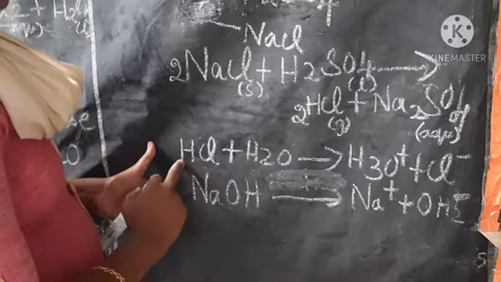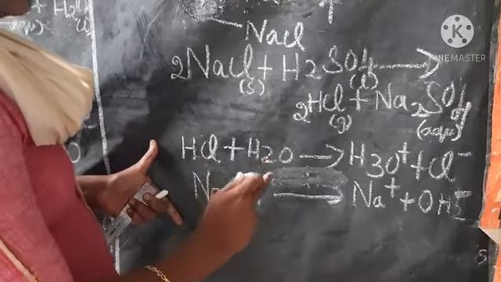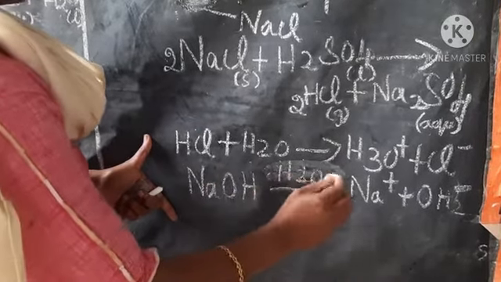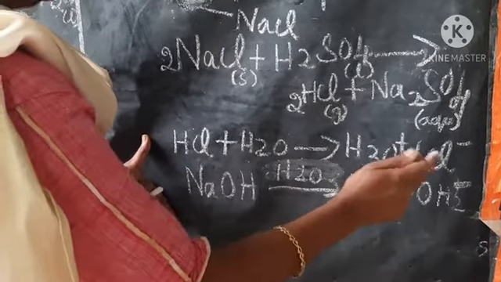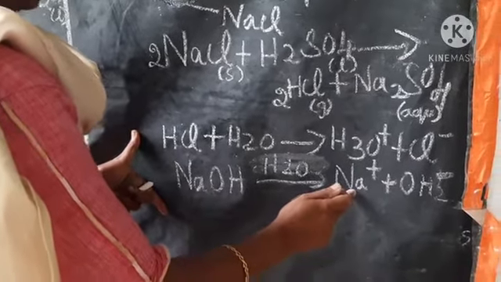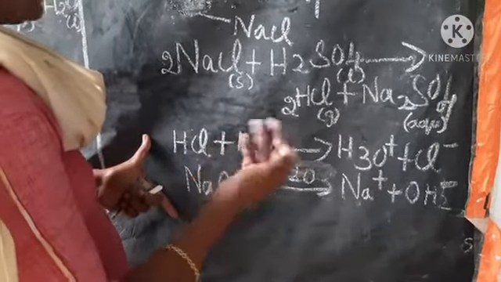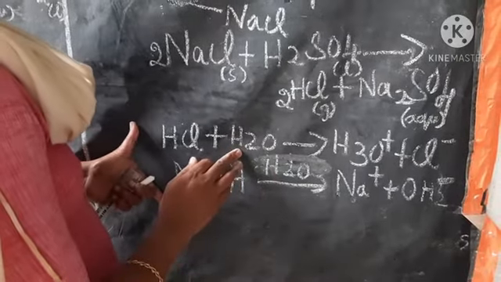So, when acid and base are dissolved in water, they give rise to their ions, that means cation and anion. Otherwise, the substances will not be ionized if they are not in aqueous solution.